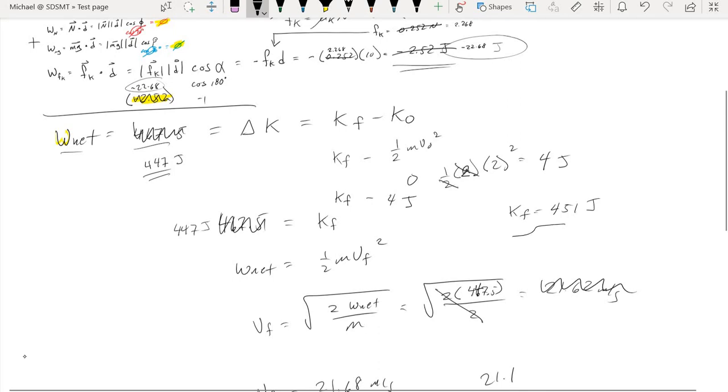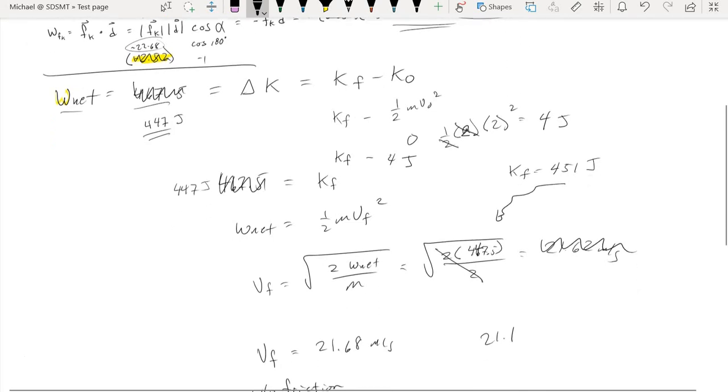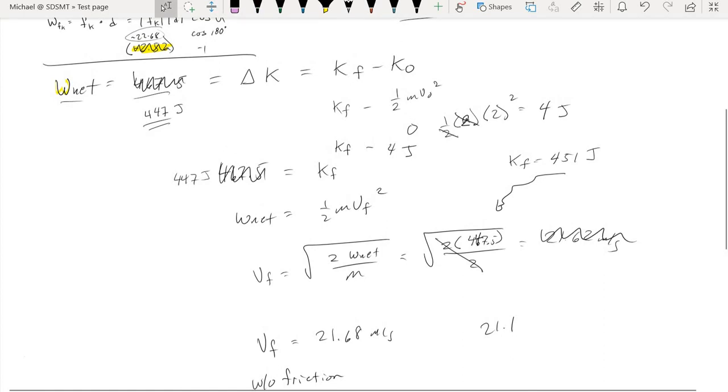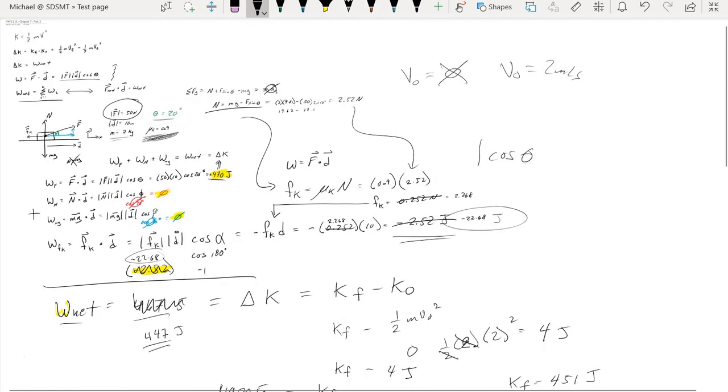That would carry through the math, and it would give us a final velocity that is larger than any of the other values that we had before, because we started with a higher initial velocity in the problem.